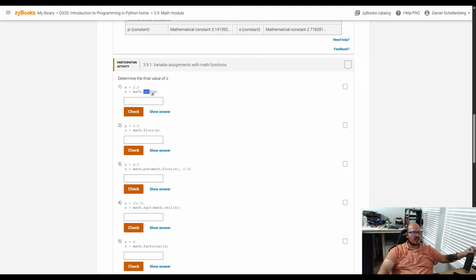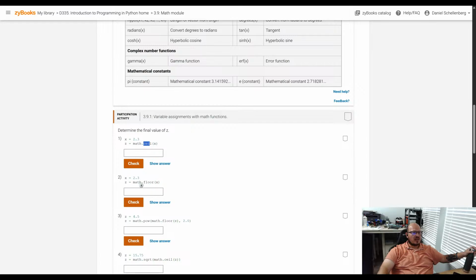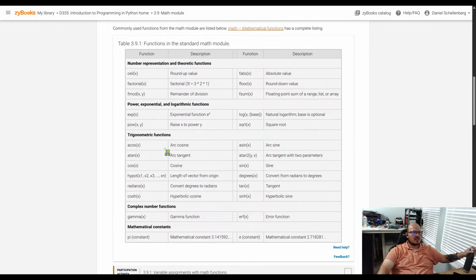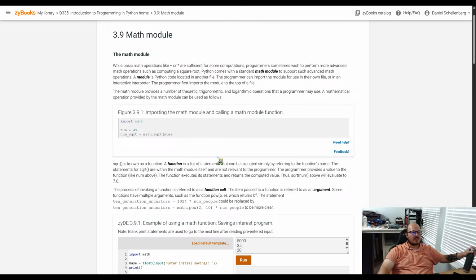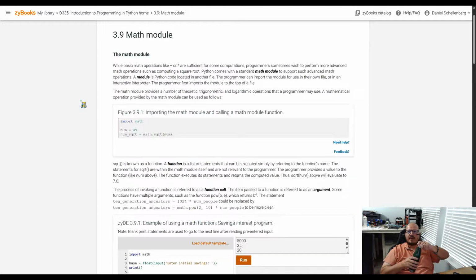Ceiling, I believe that's what that stands for, meaning round up, and then floor. Where's floor? Oh, right here. Round down. So that's what that means. Okay. So this is basically showing you advanced math stuff. So that's cool.